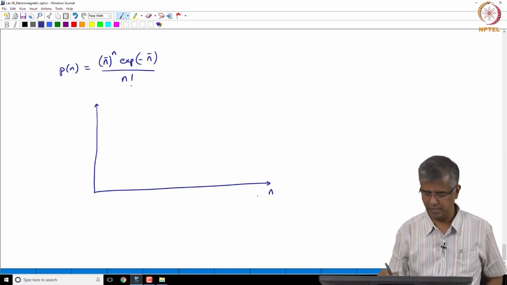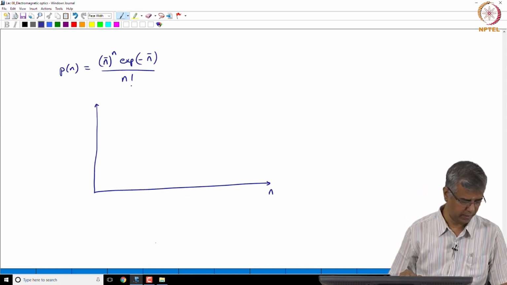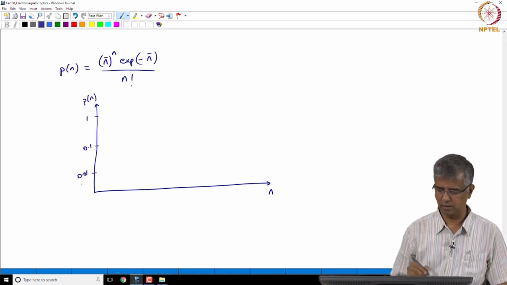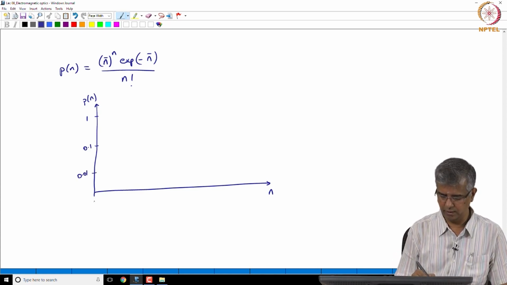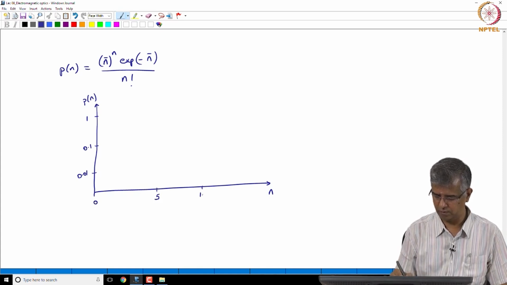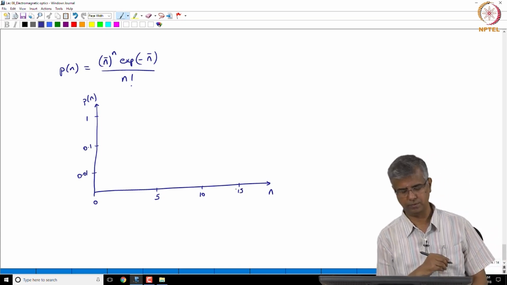Here I have n and I am plotting P of n, let us say in log scale, so 0.1, 0.01 and so on, and n let us say 0, 5, 10, 15 and so on.